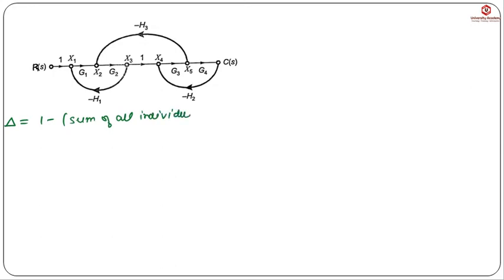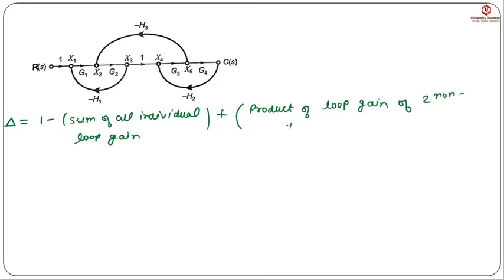Okay, so sum of all the individual loop gains, then we have to write plus product of loop gains of two non-touching loops, then we have minus, and so on, then for 3 non-touching loops, and so on. Now this will be equal to 1 minus sum of all the individual loop gains.